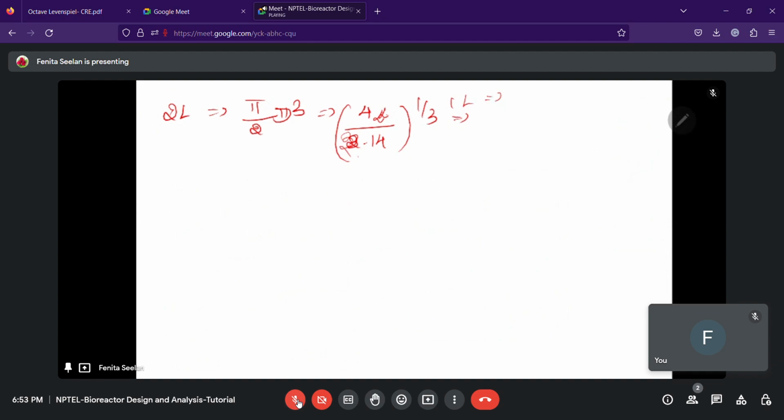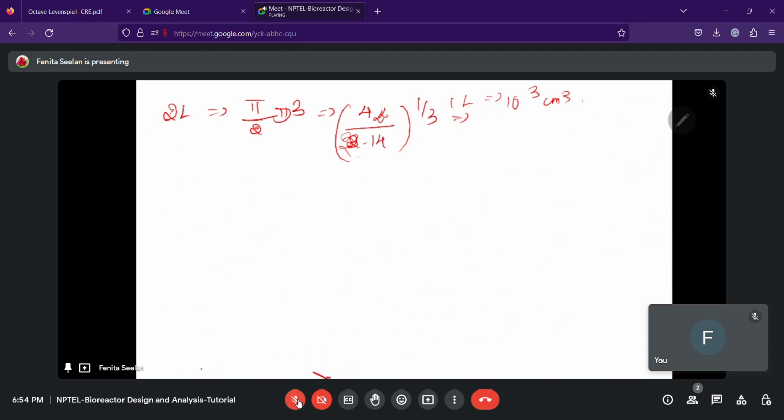Centimeter cube. So 1 meter is 10 to the power 3 centimeter cube. So that is the case.